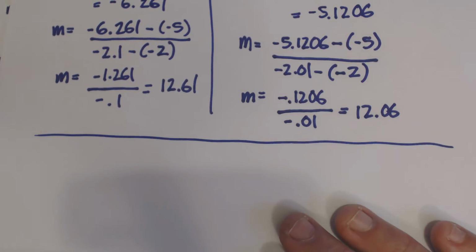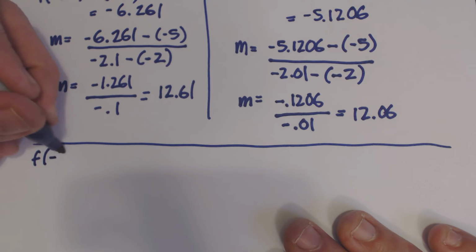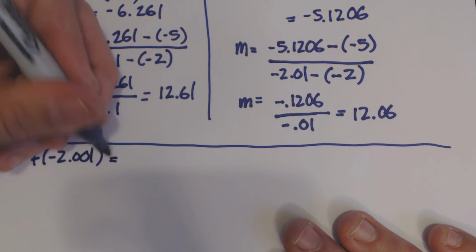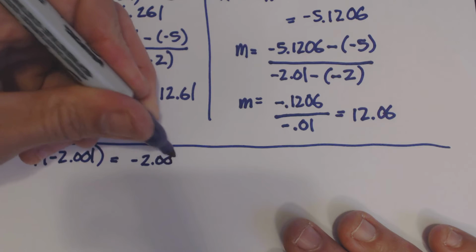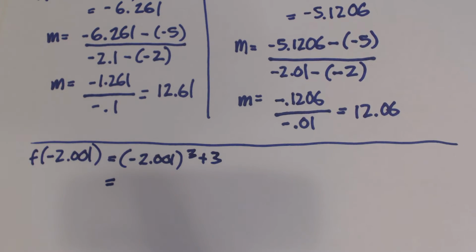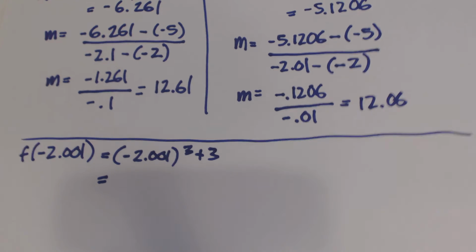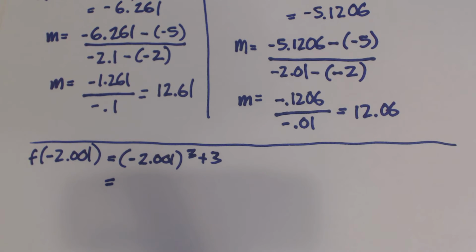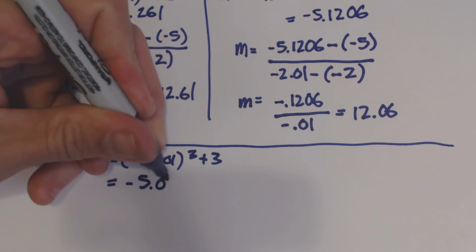Let's just do the last one for the sake of completeness. So we've got f of negative 2.001 equals negative 2.001 cubed plus 3. Negative 2.001 raised to the power of 3 equals, what does it equal? Calculator. Okay, it equals negative 8.012. We're going to add 3 to that, so we're left with negative 5.012.